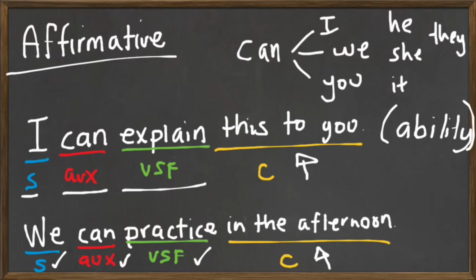In the second one, practice in the afternoon, we're talking about a situation, so we are talking about an opportunity. Maybe we cannot practice in the morning, but we can practice in the afternoon.